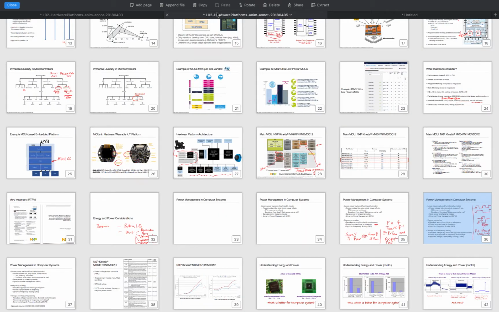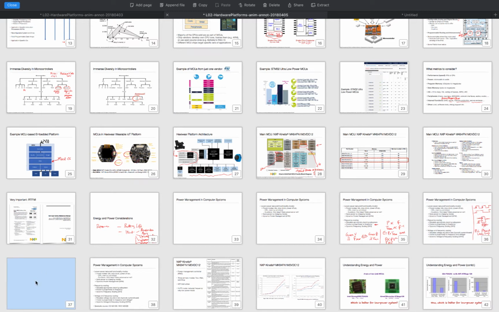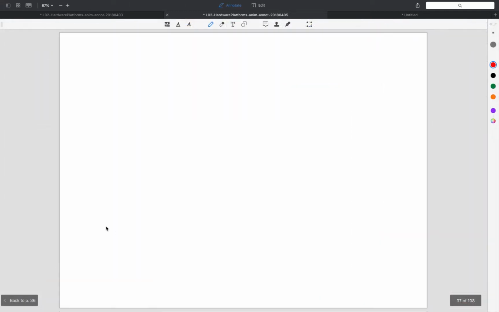Actually, I can add a page here, huh? Okay, so the goal here is the following: I have some frequency coming in and I want to multiply or divide it by some factor. Okay, so what we do is we rewrite it like the following.